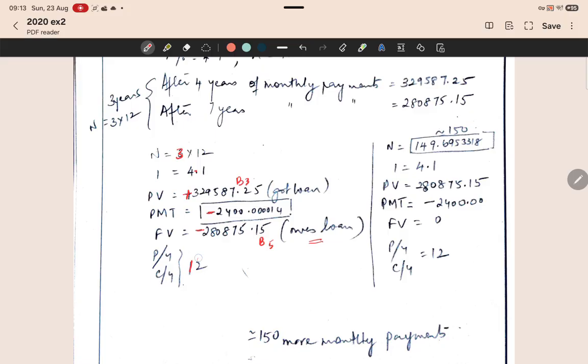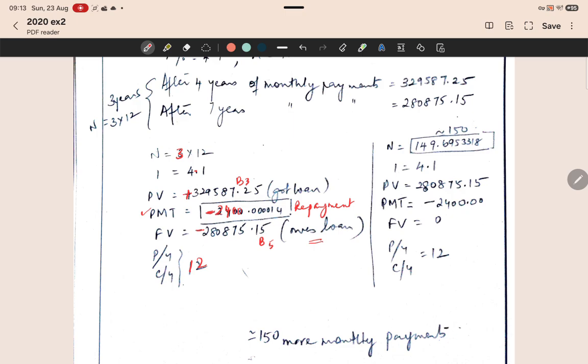And then PYCY is 12. And when you tap on PMT, you get the value minus 2,400 and 0.4014. Now, this works out to be minus because it's a repayment. And money leaves you in repayments.